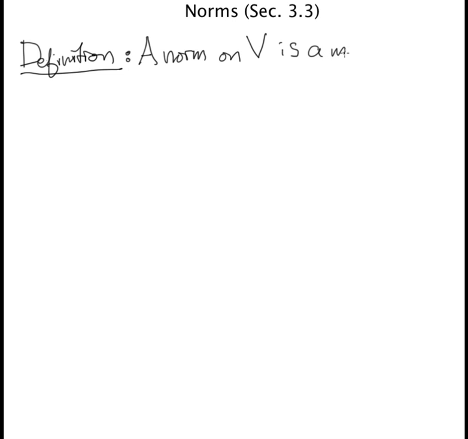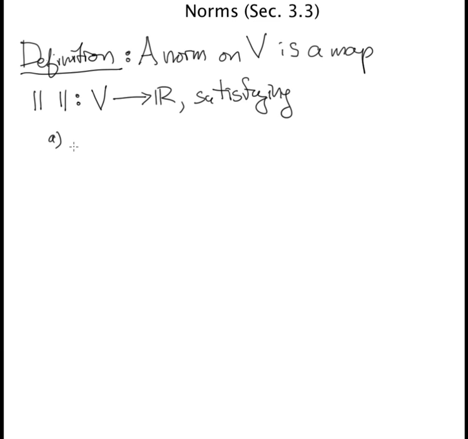So it's a map written like this from V to R, satisfying those three conditions. The first one was positivity. The second one was homogeneity. And the last one is the triangle inequality.